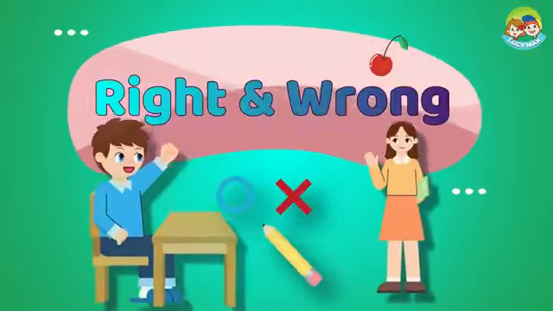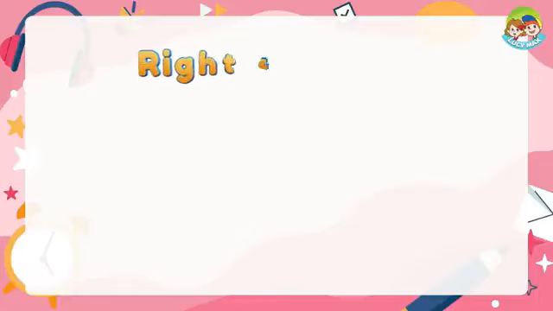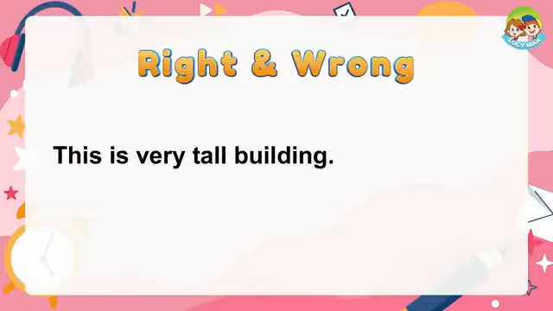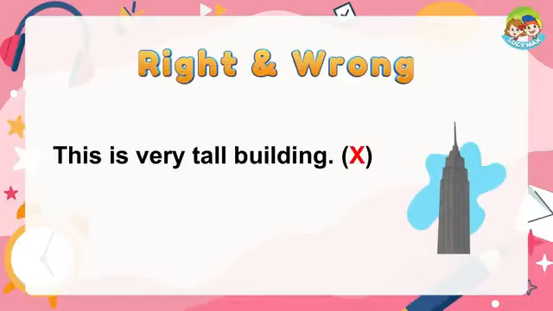Right and wrong. Now take a look at the right and wrong section. This is very tall building. This is wrong because there is no article for the word building.